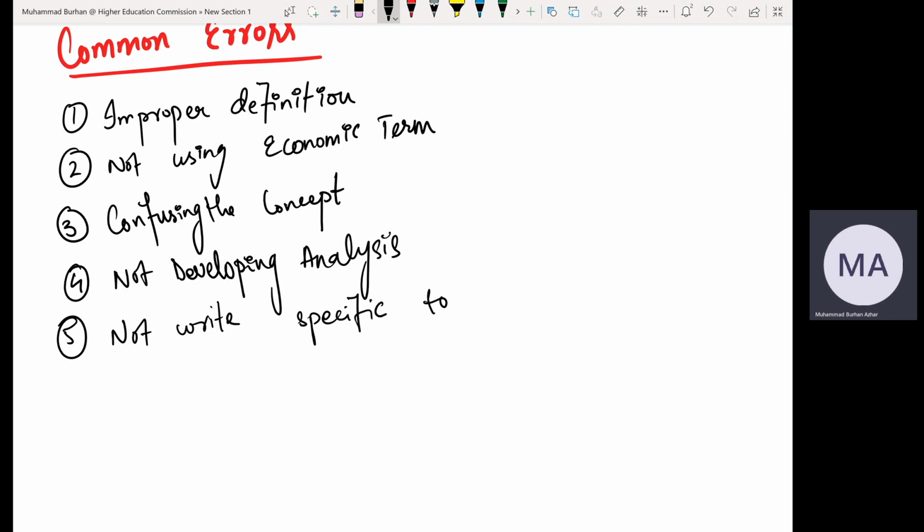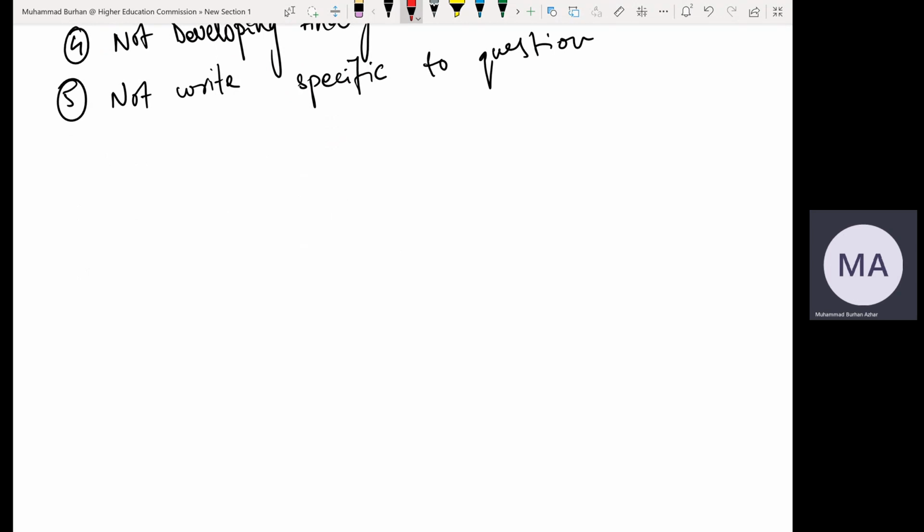It won't get you good marks and eventually time manage नहीं हो पाता. So they do not write specific to the question. इधर उधर की बातें करने से you won't get good marks. जब भी बात करनी है you have to use the specific thing. अगर बात हो रही है inflation की, इधर उधर की बात ना करो. Stick to that point कि how something leads to inflation या जो भी question की requirement है, try to fulfill that. इधर उधर की बातें नहीं करनी.